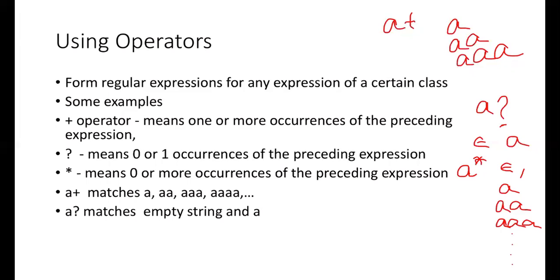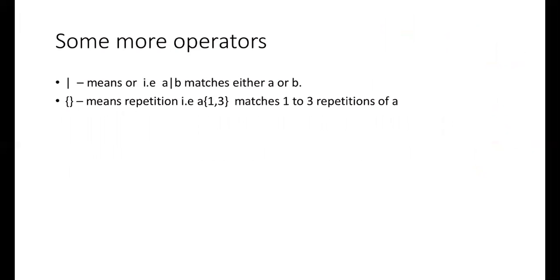A star matches the empty string and A, and A question mark matches the empty string and A. Then some more operators. Or, which again you know, means either A or B. This is different here. You can see here, not parenthesis, these are curly braces.